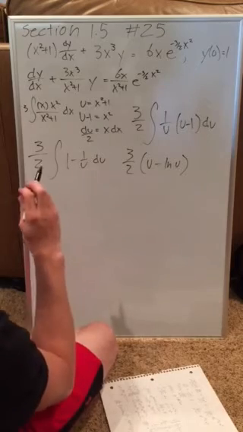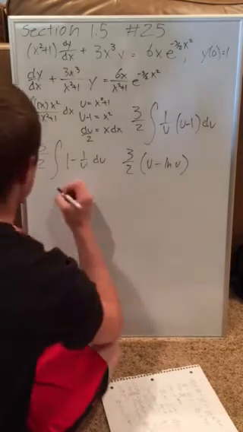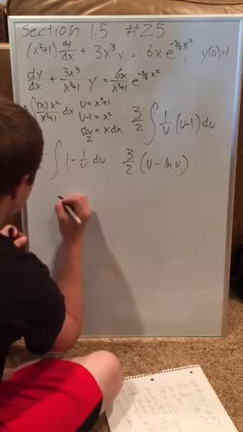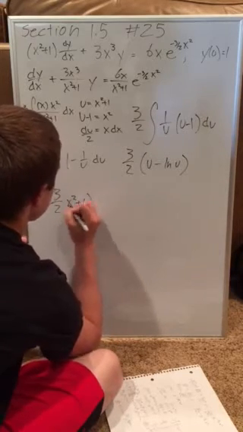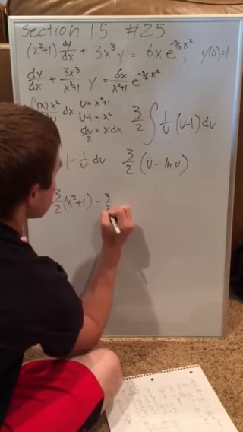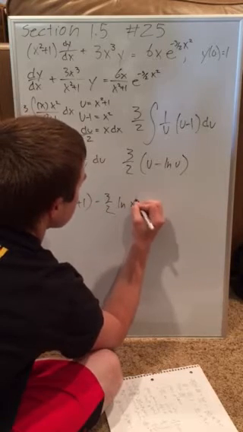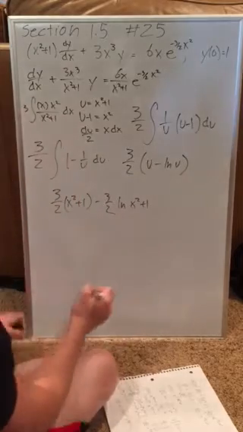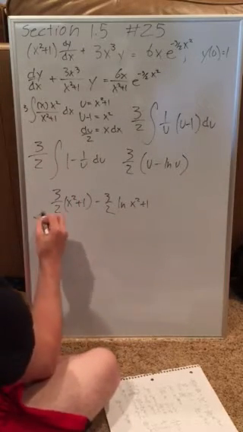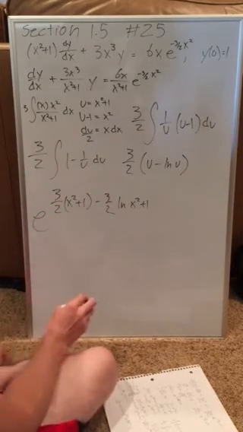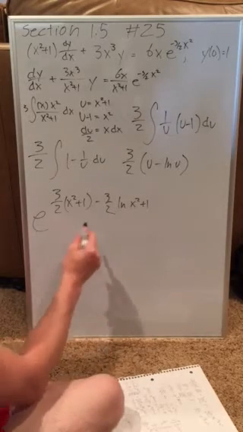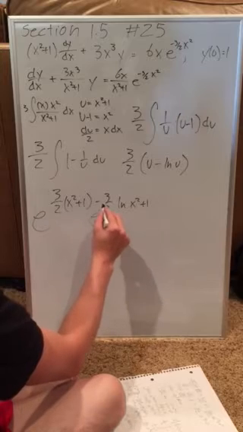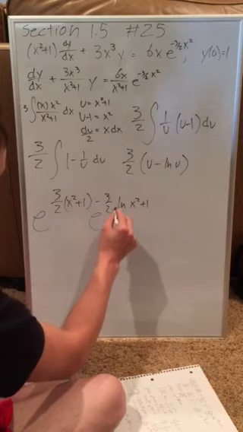Okay, putting our x squared plus 1 in for u, we're going to have 3 over 2 times x squared plus 1 minus 3 over 2 times the natural log of x squared plus 1. Right away, we can put that to our e, and now we have our rho right here. We can see that we have 2 parts to our rho, and actually one will cancel.